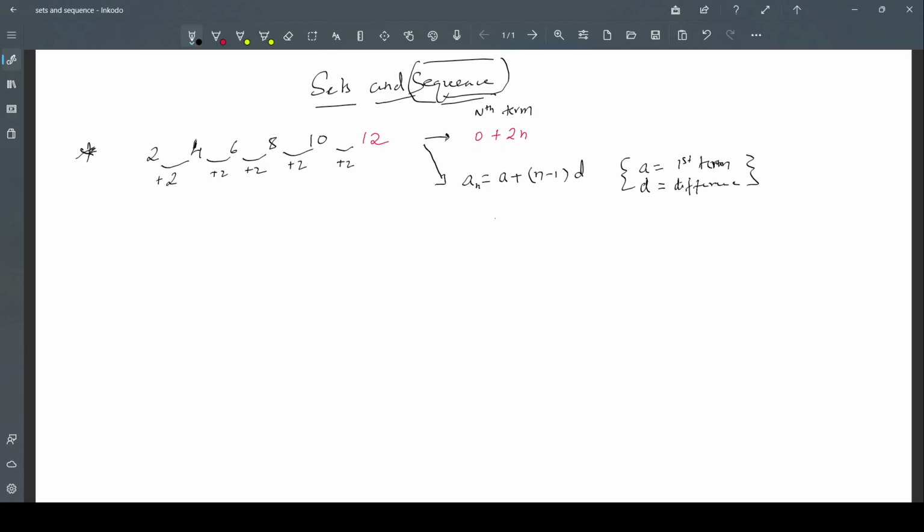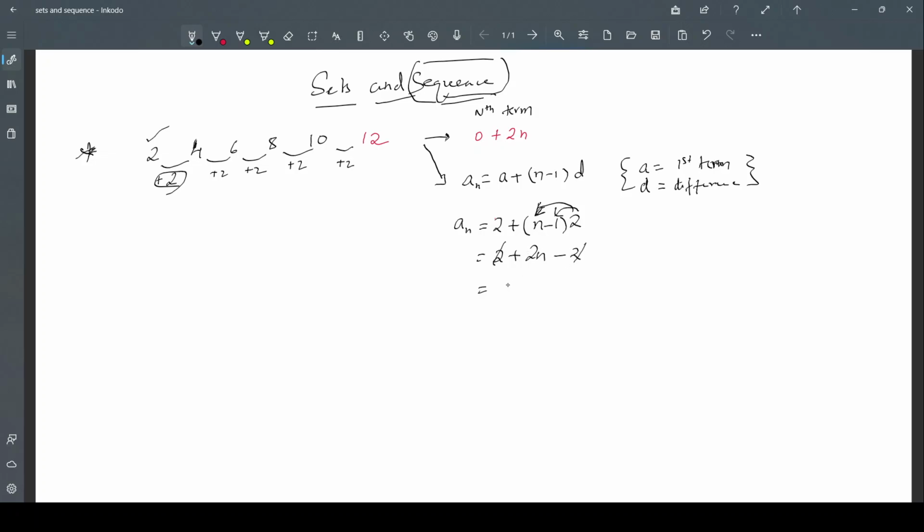So an is the nth term, and a will be the first term. The first term of this one is 2, right? So you'll be writing 2 plus n minus 1 into d, and d is 2. Again, the difference is 2 right here. So 2 plus this will be multiplied into this bracket, right? Expanding the bracket, 2n minus 2.